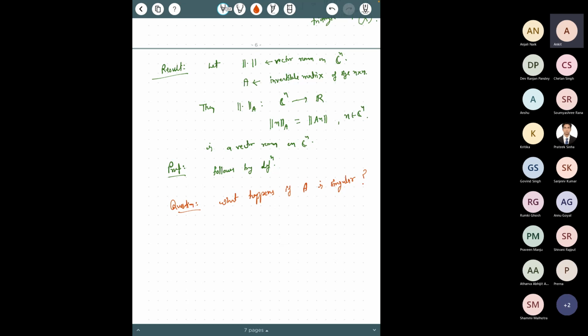Therefore, it is useful to have many different norms available, because in applications it may happen that one norm is more convenient or more appropriate than another one for a given purpose.